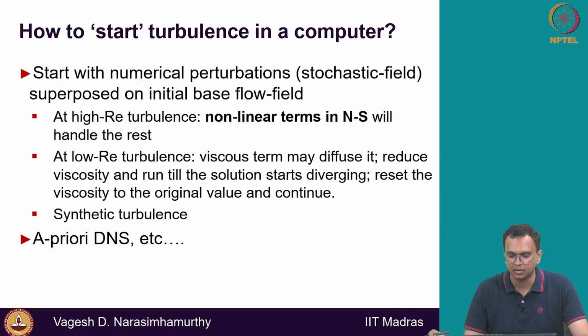Okay. So how to start turbulence in a computer? This is a bit of a challenge compared to lab, because you start with initial conditions in all CFD calculations, right? And if you give a quiescent condition, where everywhere flow velocities are 0, or if it's uniform, how does a random flow field develop?